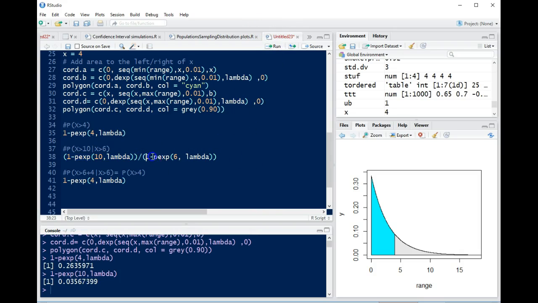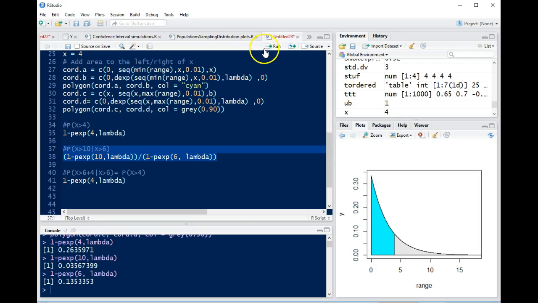And then our denominator will be that it's greater than 6 seconds. If we run this all together, we get the probability that the response time will be longer than 10 seconds given that it's already been 6 seconds. And this is 0.2635971.